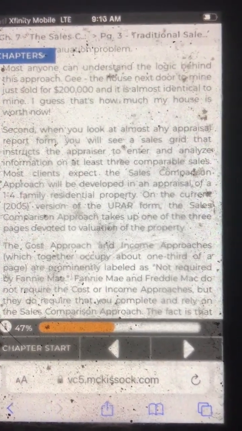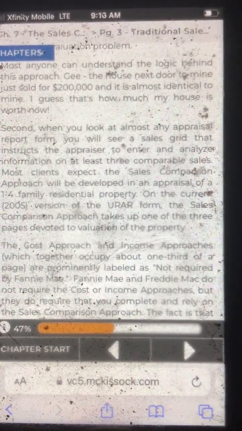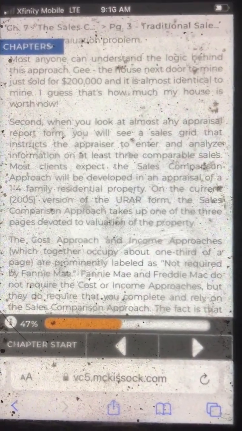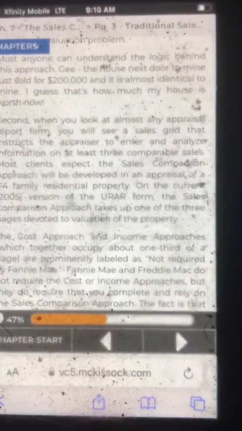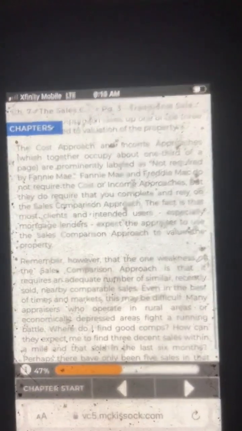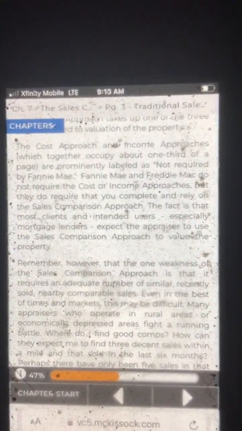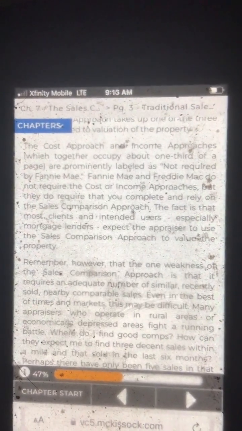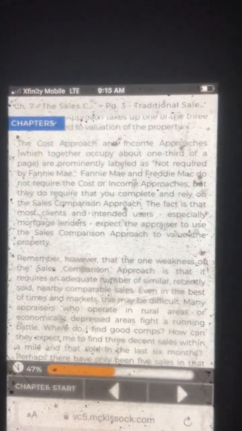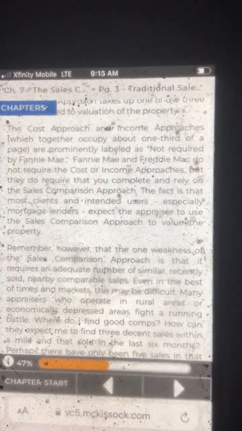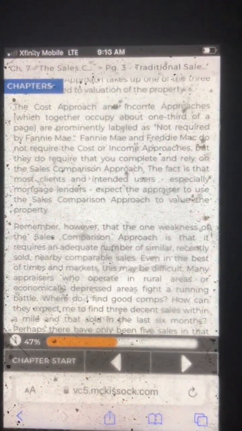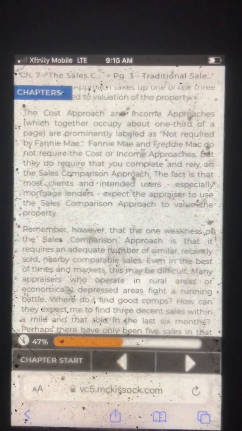On the current 2005 version of the URAR form, the sales comparison approach takes up one of the 3 pages devoted to the valuation of the property. The cost approach and income approaches, which together occupy about 1/3 of a page, are prominently labeled as not required by Fannie Mae. Fannie Mae and Freddie Mac do not require the cost or income approaches, but they do require that you complete and rely on the sales comparison approach.